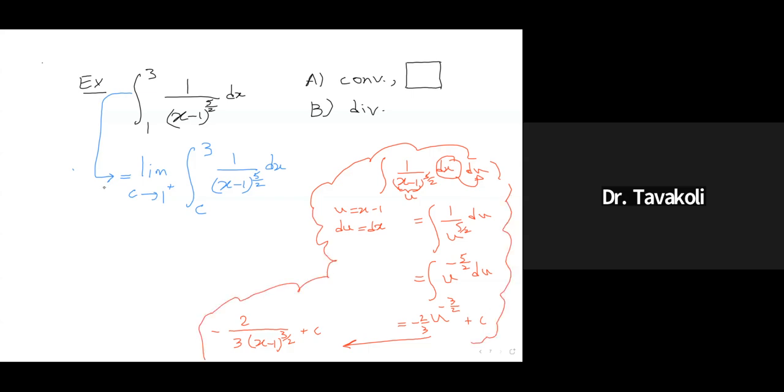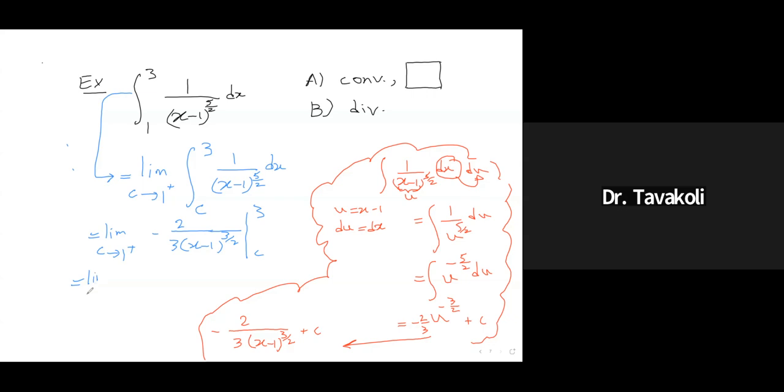So let's continue our calculation here. I will have the limit as c tends to 1 from the right side. That antiderivative we just calculated was minus 2 over 3 times x minus 1 to the power of 3 halves, evaluated at the limits of the integral.